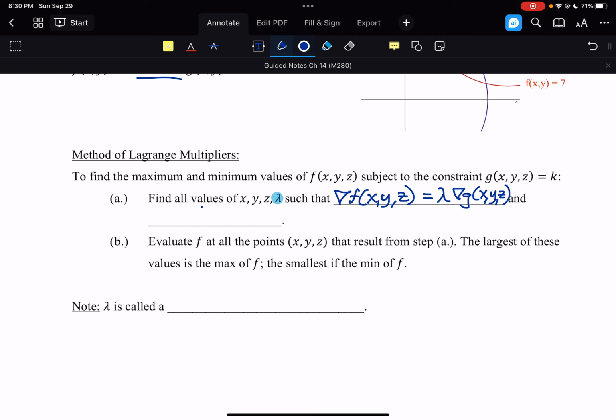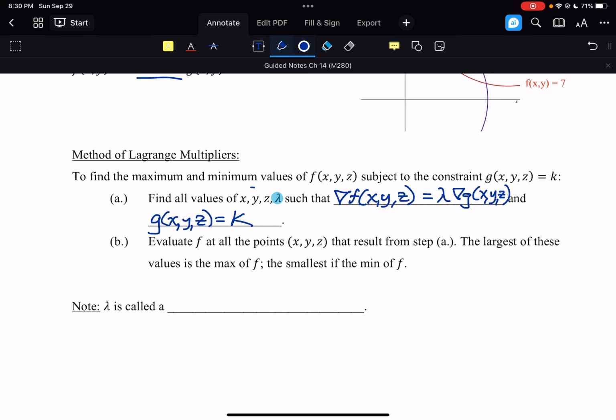We're going to find all values of x, y, z, and lambda such that grad f equals lambda grad g, and g of xyz equals k. All right, so we have this relationship, grad f equals lambda grad g, and the constraint itself, g equals k. We're going to find all values that satisfy these.